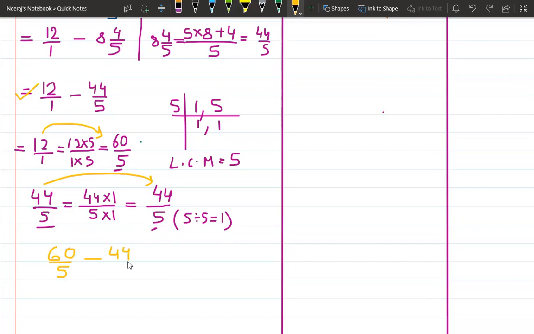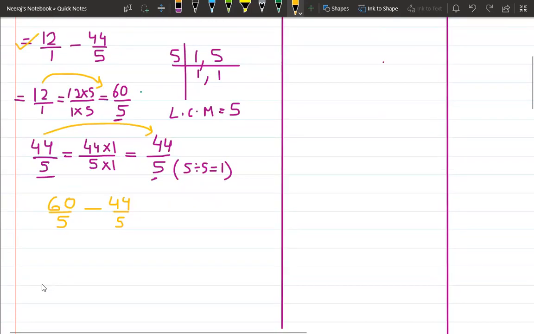It means that they have become like fractions, because like fractions are easy to subtract. That's why we always try to make unlike fractions into like fractions. So now we have to subtract the numerators, and this will give you 60 minus 44. You have to write it at the top as the numerator, then it will share a common denominator, so we have to write the 5 in between.